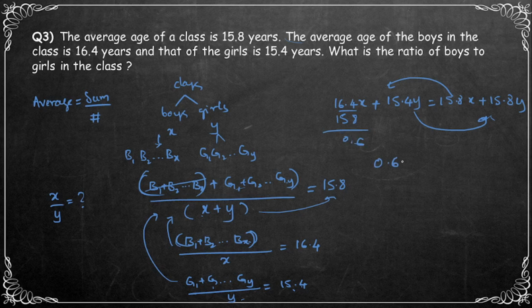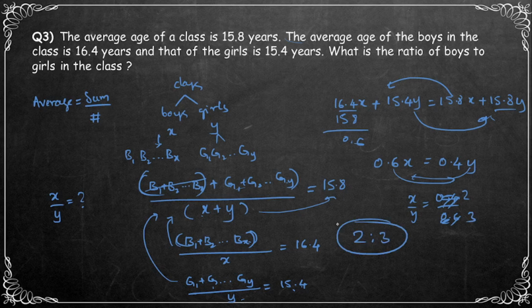So 0.6x is equal to 15.8 minus 15.4, which is 0.4y. So we need x divided by y. So y goes this way, 0.6 goes this way. So x divided by y is equal to 0.4 divided by 0.6. So 4 divided by 6, 2 divided by 3. So answer is 2:3.